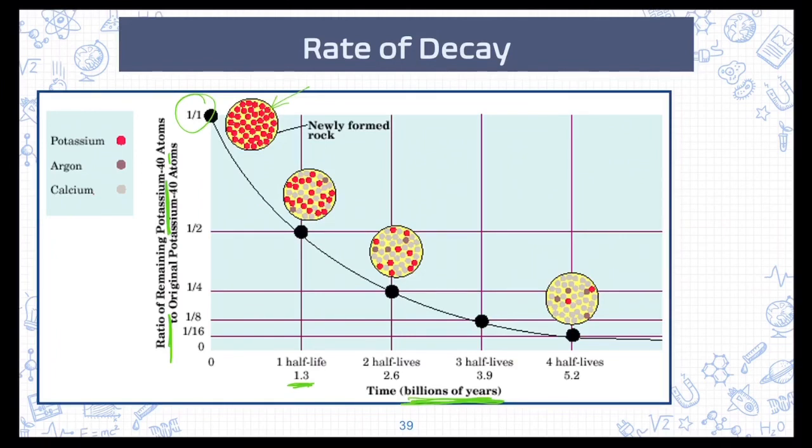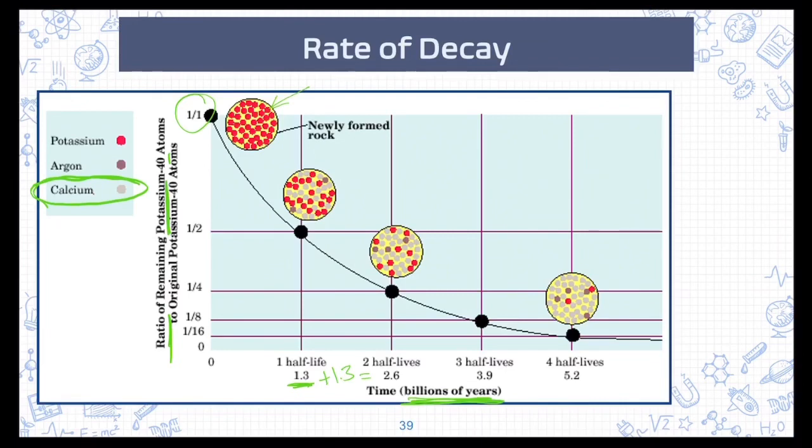So you'll notice that after the first half-life, after the 1.3 billion years, we have about half as many red dots in the second picture, okay? The potassium-40 is decaying to form a more stable isotope of calcium-40, okay? And then after another half-life passes, you add 1.3 billion to get the 2.6 billion years in another half-life.